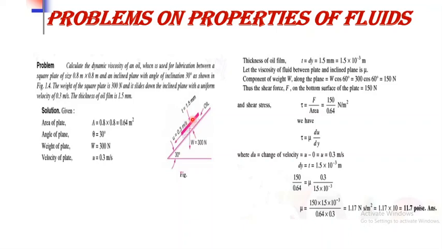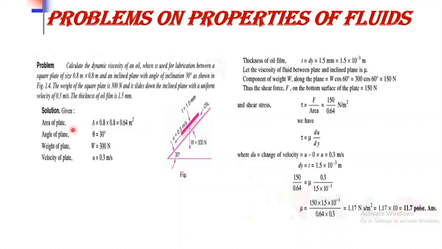The plate is moving with a velocity of 0.3 meter per second in the downward direction. This is about the problem. So we have to find the viscosity of the oil which is placed in the space between the inclined plane and the plate.